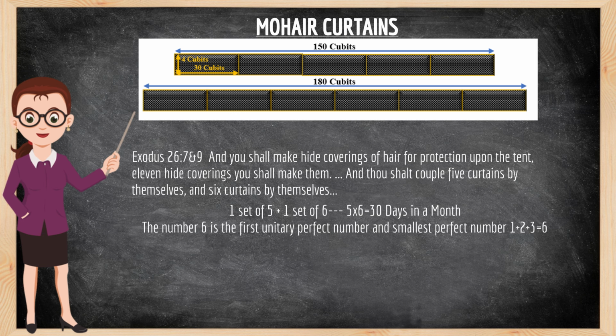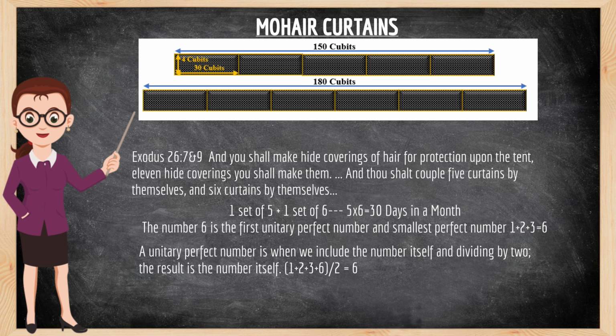Just as 28 was a perfect number used in the equation of the linen curtain construction. In addition, a unitary perfect number is when we include the number itself and dividing it by 2. The result is the number itself. So we have 1 plus 2 plus 3 plus 6, which equals 12, divided by 2 equals 6.